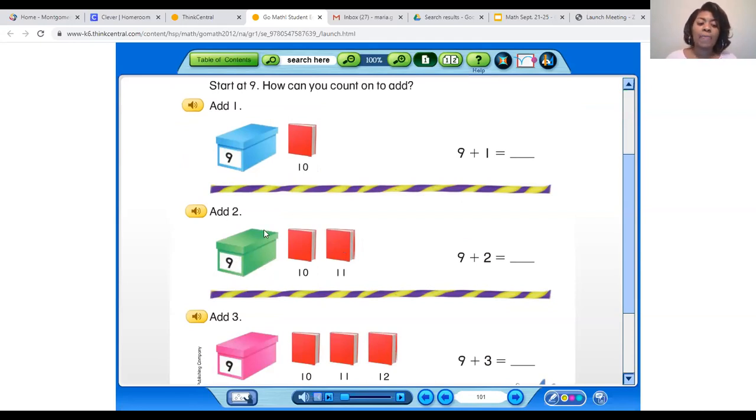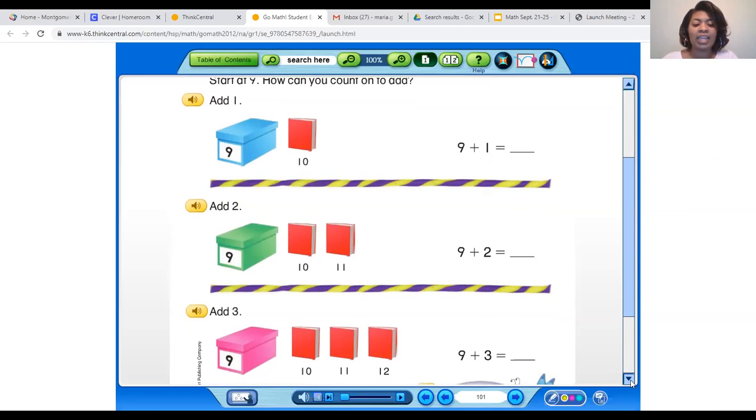Or I can put the bigger number in my head, which is 9, and add 2. What comes after 9 when we're counting? 10. What comes after 10? 11. So I have 2 fingers up because I added 2 more to 9. So 9, 10, 11. I added 2, and now I have 11.